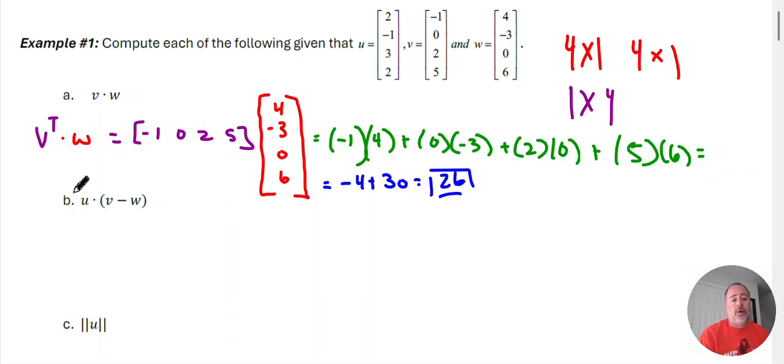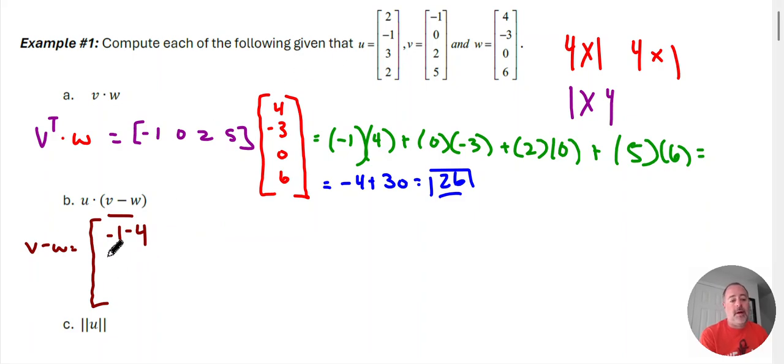Okay, so for example B, you would do the exact same thing. You will just find first the difference of V minus W. The difference of V minus W is very similar to when you guys were working with vectors. You take V, which is -1, and you subtract 4.